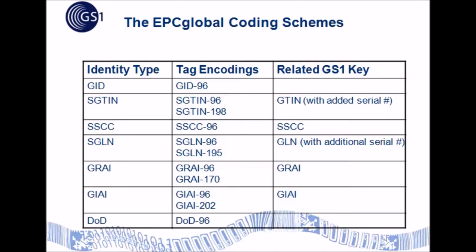Also, we can use a global location number, GLN, with an additional serial number to more clearly represent one location over the world. These identity types were already described in the past courses, so we don't need to spend too much time on them.